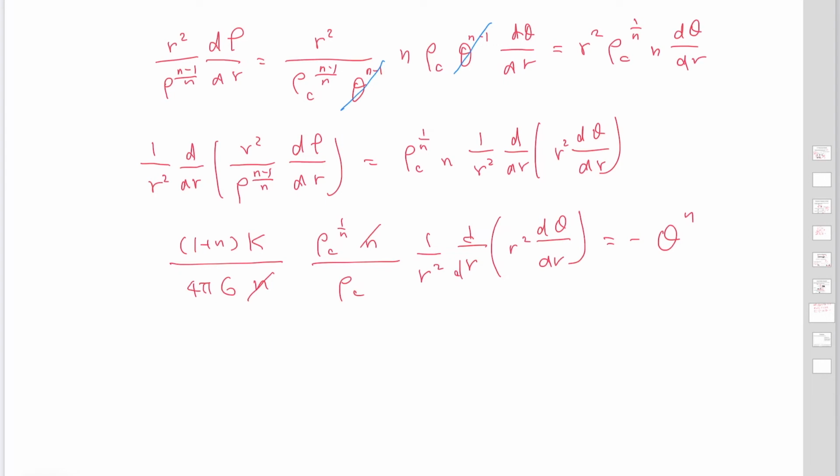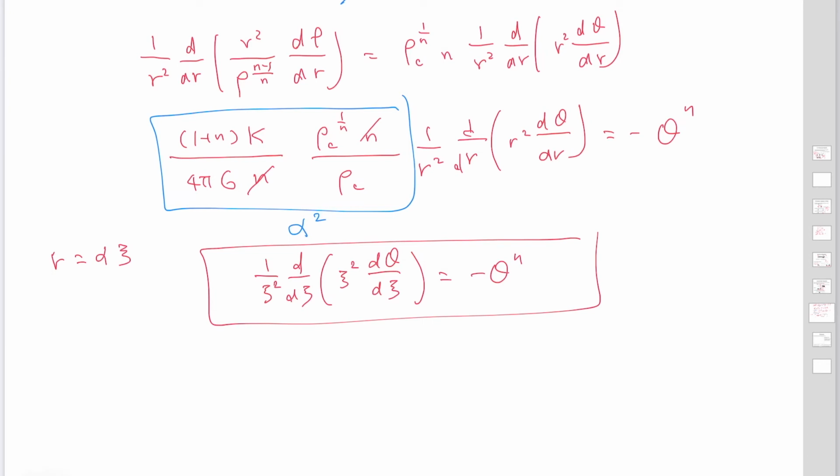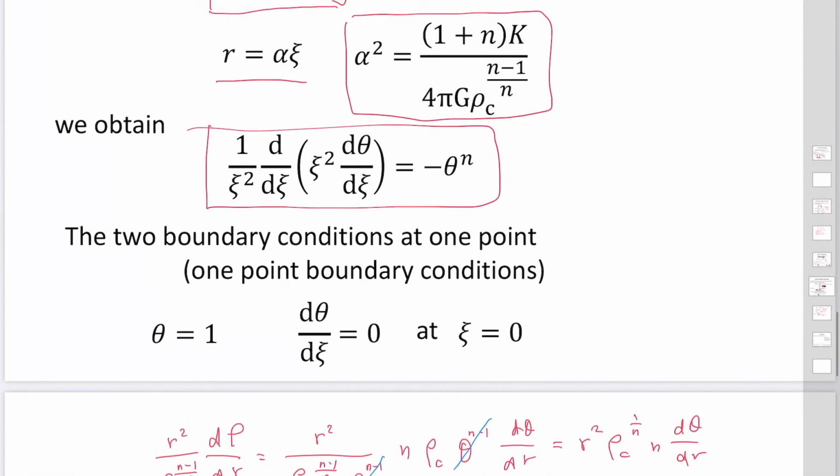And then we name this part alpha squared. r is expressed as alpha z. So it becomes 1 over z squared d dz z squared d theta dz equal to minus theta to the n. So we get the equation. We call this the Lane-Emden equation. Okay, we obtain this equation.